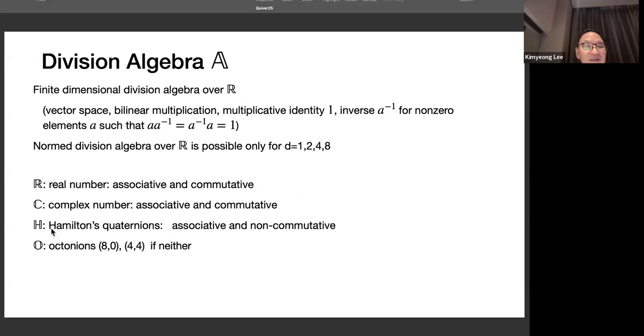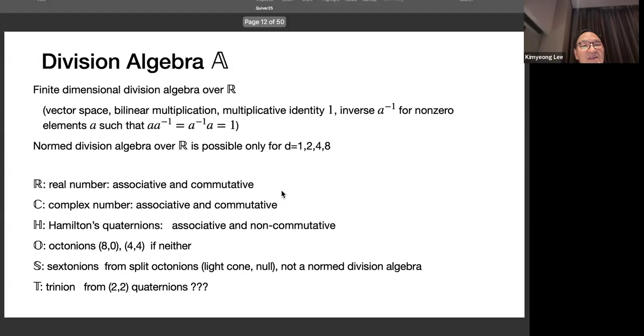And Hamilton discovered in the 19th century quaternions, which is almost like the real and complex numbers, but is associative and non-commutative. Then later on, a couple of people discovered octonions, which are non-associative and non-commutative. And there are only 4 finite dimensional division algebras, which we know very well.